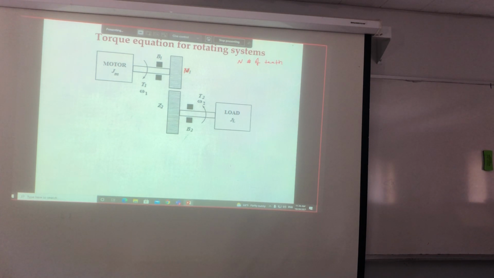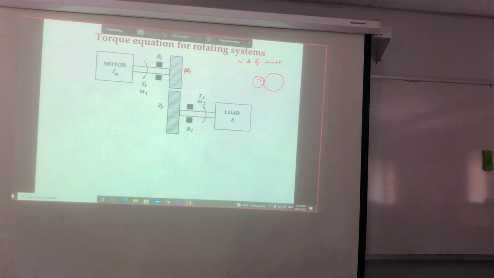Now, if I look at, let's say, a side view of the gearbox, it actually consists of 2 discs. Let's assume the first one is the smaller one, and the second one is the larger one. In between, I have the teeth.